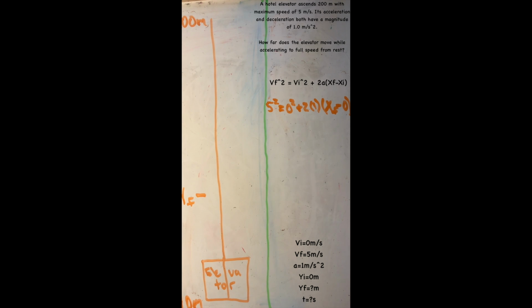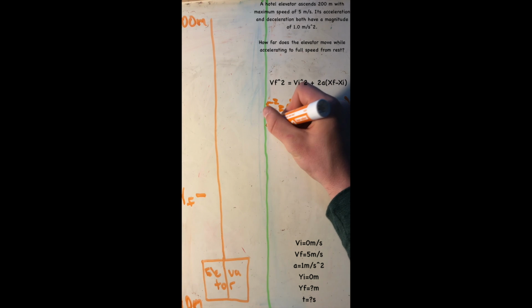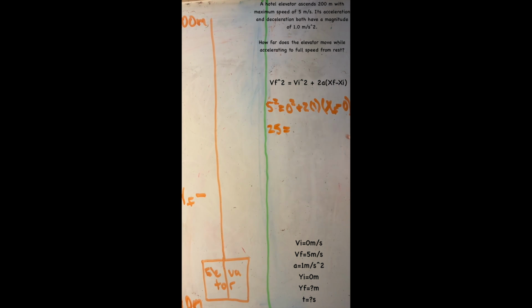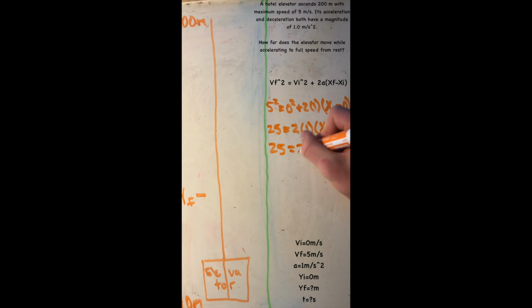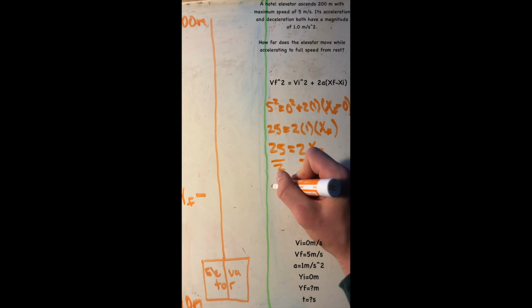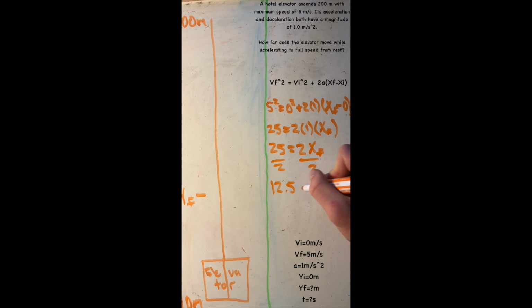Okay, so we're going to get rid of all of those zeros because we don't need them, and 5 squared is 25, so 25 is equal to 2 times 1 times x final, which of course is equal to 25 equals 2 times x final. So then to get the final value, you're going to divide both sides by 2, just like that, and you'll get 12.5 meters, remember those units again, equals x final.